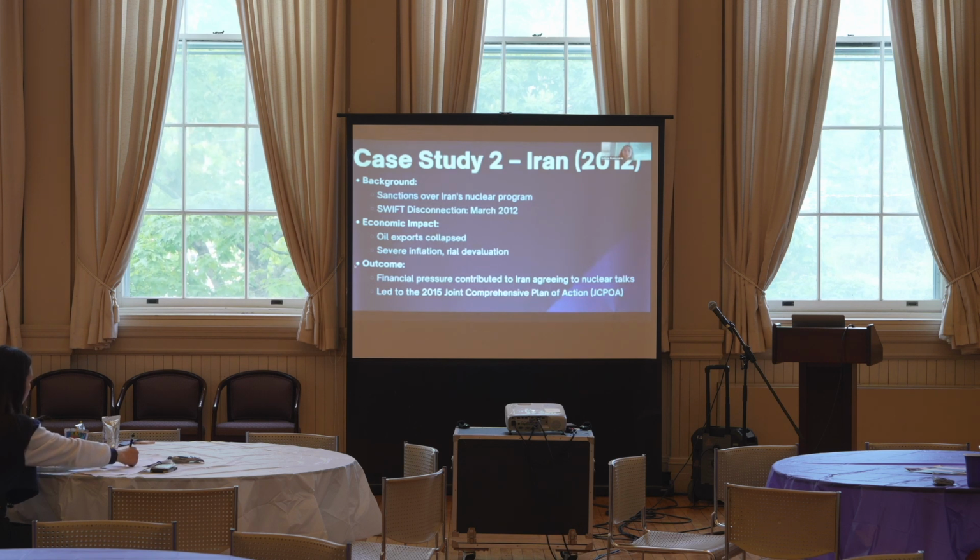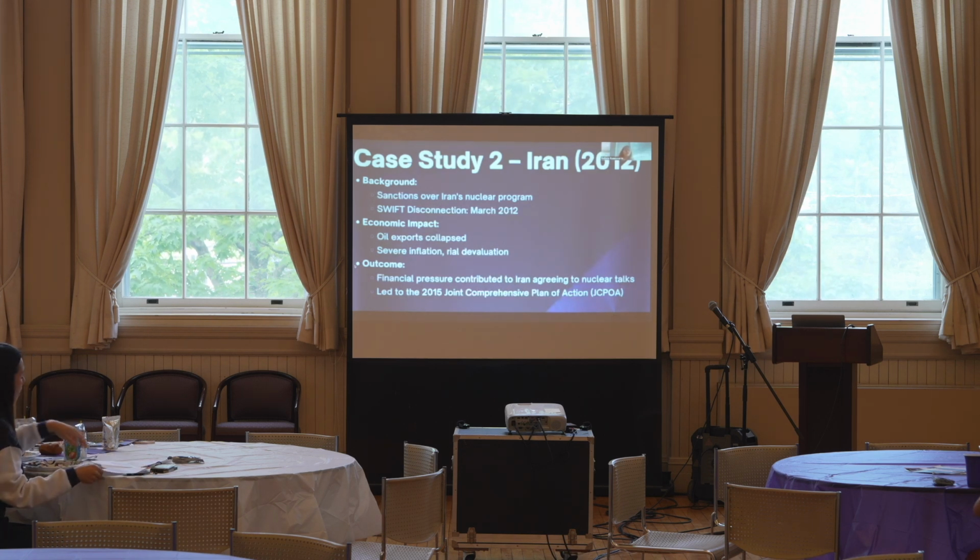The economic pressure was one of the key reasons Iran came to the negotiating table, which led to the 2015 Joint Comprehensive Plan of Action, or the JCPOA. This example is often cited as a success story for SWIFT sanctions, isolation that then led to diplomacy.